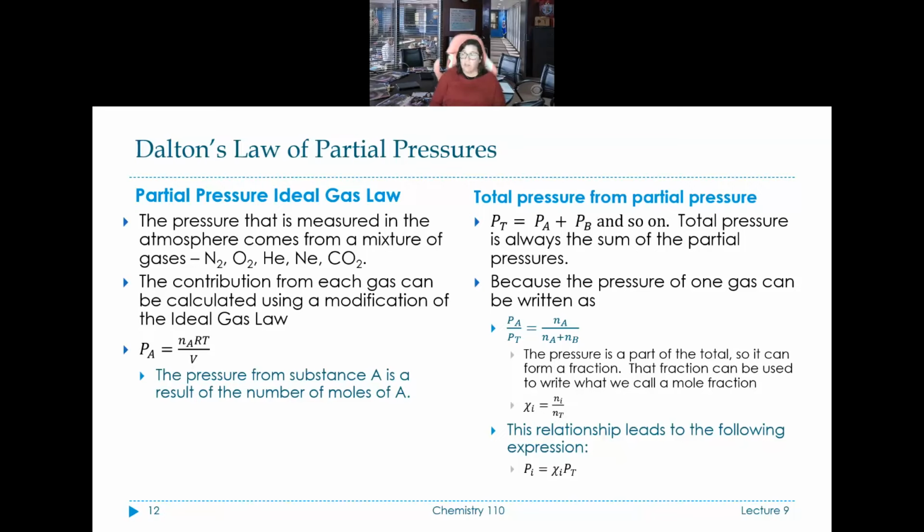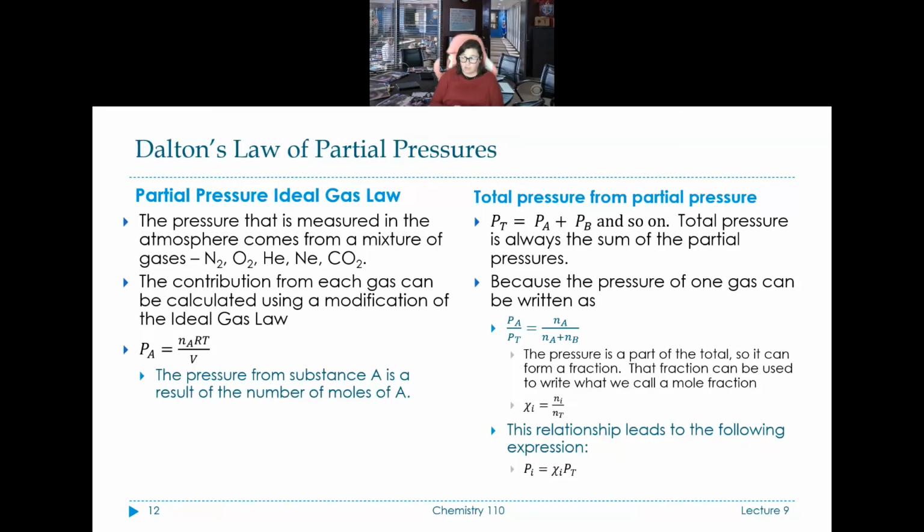Total pressure from partial pressure. The total pressure is the sum of the partial pressures. So PT is equal to PA plus PB. It's always the sum of the partial pressures. The pressure of one gas can be written as the pressure of A divided by the pressure of T, that's equal to the number of moles of A divided by the total number of moles, A plus B. The pressure is a part of the total, so it can form a fraction.